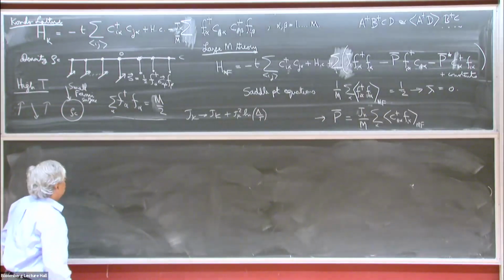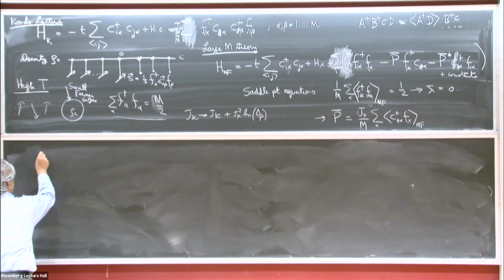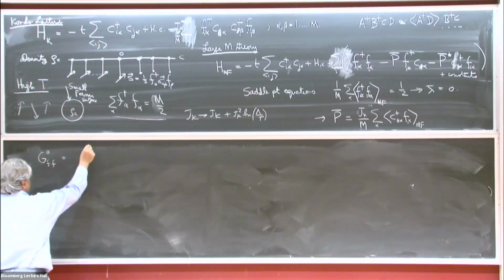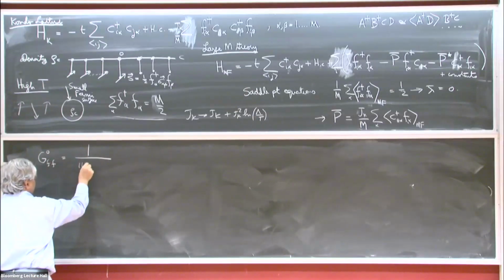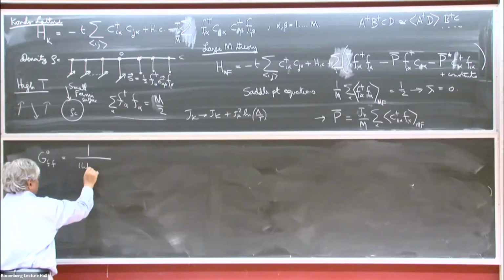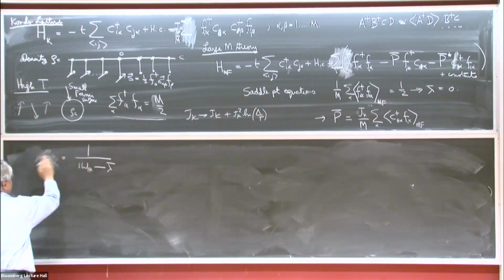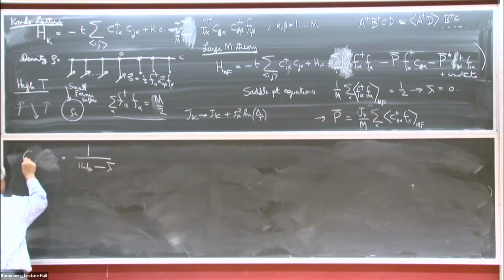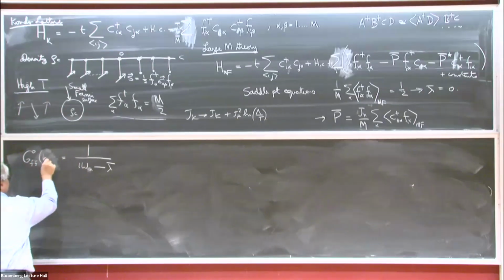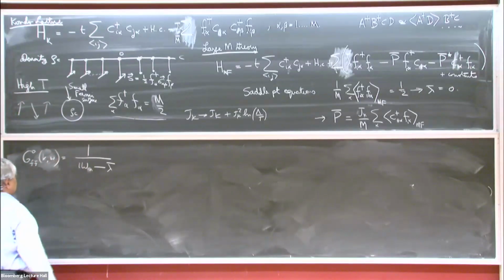All right, so you can write down the bare Green's function of the f electron, which is i omega_n minus lambda bar. In fact, it's momentum independent. This is not the actual Green's function. This will be G_f(k, i omega_n).